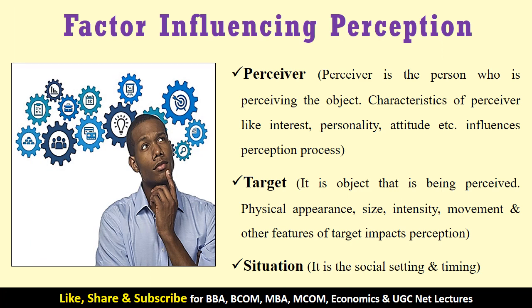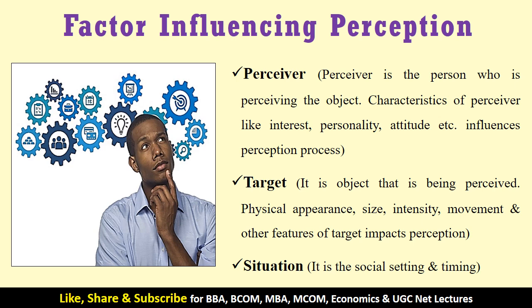These are the main things that influence the perception process. So, the perception is mainly influenced by the perceiver, the target, and the situation. As we know, the perceiver is the person who is perceiving or observing any particular object or situation.